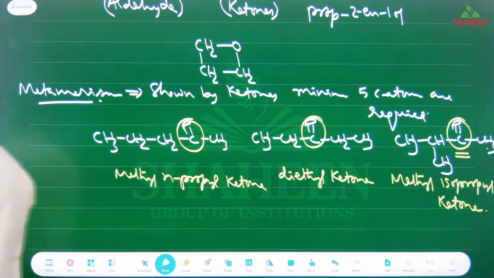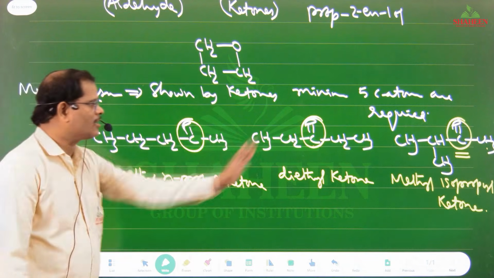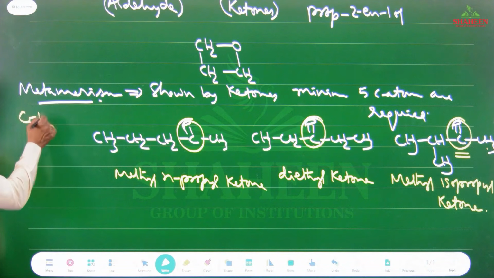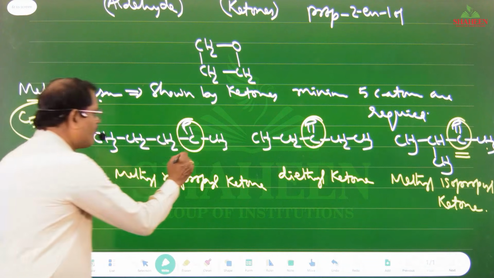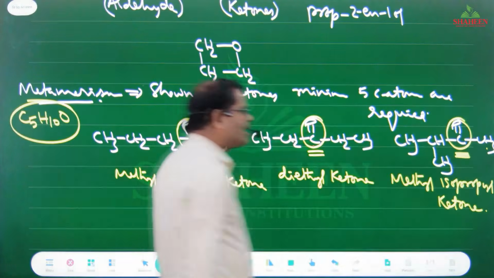When different groups are bonded on both sides of the functional group with the same molecular formula, all these compounds are represented by C5H10O, the same molecular formula, but different alkyl groups are attached to the functional group.